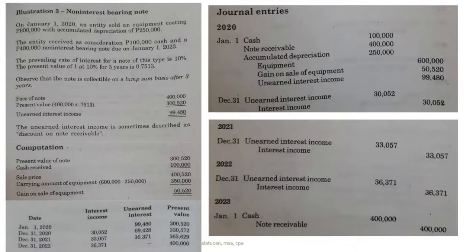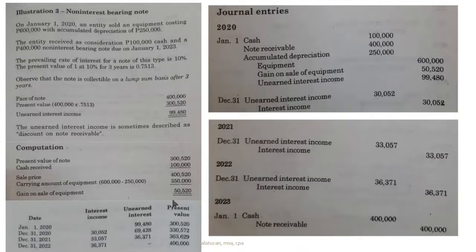So that's 699,480. So the debit is greater since it is 750. So, 750 minus 699,480, that's 50,520. So, that's the gain on sale. Again, if the credit is greater than the debit, the balancing figure on the debit side would be a loss.